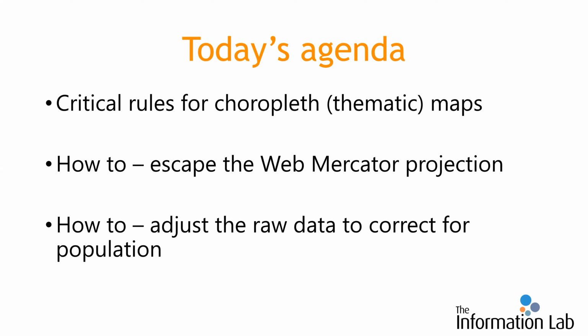Secondly, we must use rates corrected for population, not absolute numbers. Now, these 2 points are not design decisions. They are fundamental treatments of the data that cannot be sacrificed for aesthetic value. If we continue to make choropleth maps without rates and without an equal area projection, we are lying to our audience.